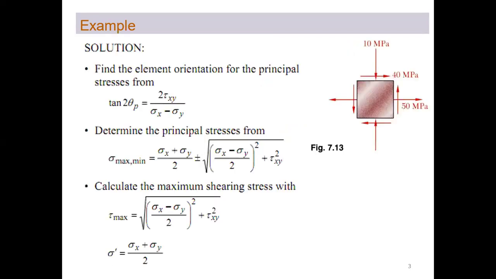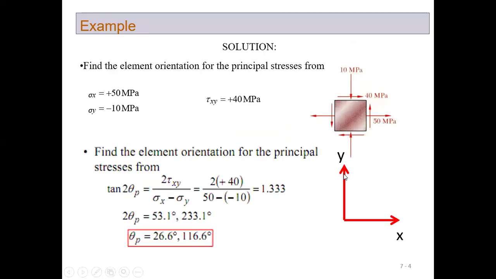In order to do such problems, we have a number of methods. One of the methods that we have discussed is the analytical method, in which we use algebraic equations to determine the state of stress in any coordinate frame, with which you could find the principal stresses, principal planes, etc. So the stress element is given.